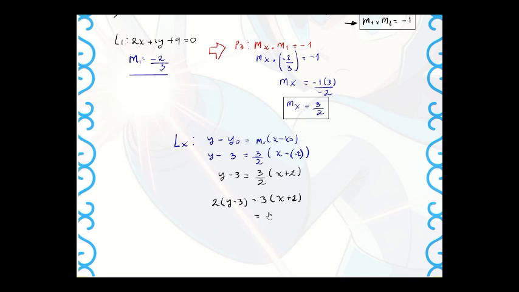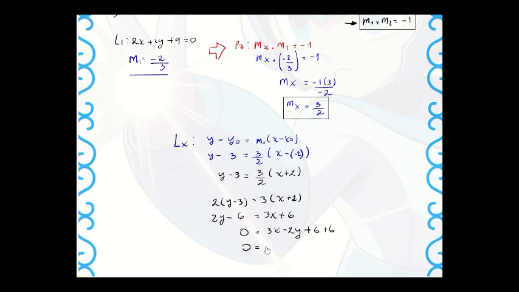Is equal to 3 multiplied by x plus 2. So this is 3x plus 6, 2y minus 6. And let's write everything on the right. So here is 3x minus 2y. If you add plus 6 on both sides, in here we have plus 6 equals 0.